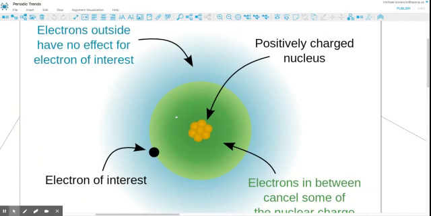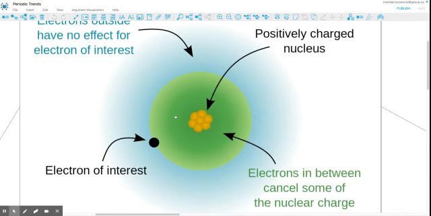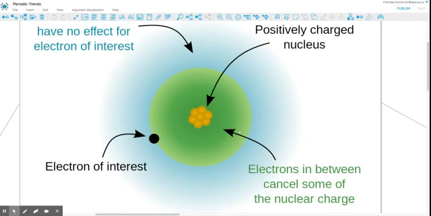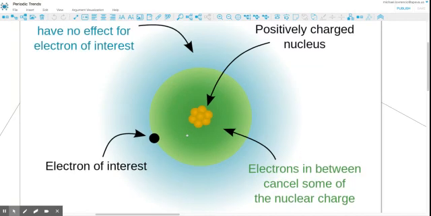And so one of the things that can reduce the amount of attractive force that an electron feels is how far away it is, and how many other electrons are between it and the nucleus. Electrons that are further away are not only further from the nucleus, but there are also more electrons between them and the nucleus, blocking some of that pull and shielding our electron from feeling the complete attractive force of that nucleus.